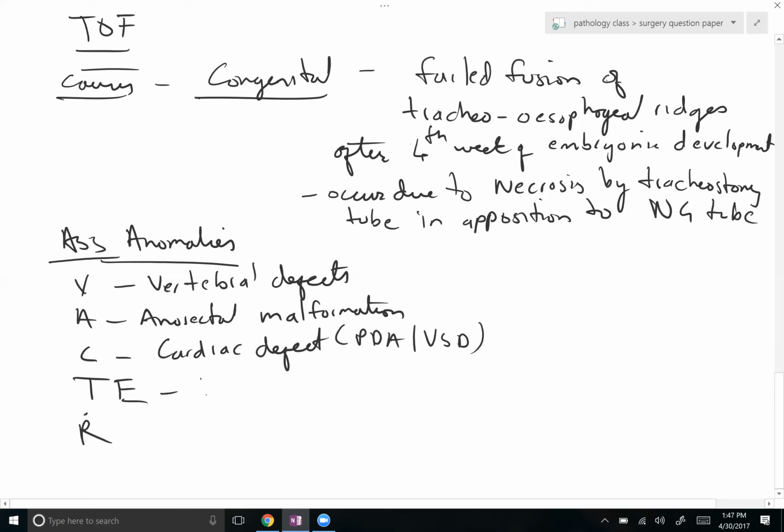Next is TEF, T is nothing but TEF. R is radial hypoplasia and renal agenesis.